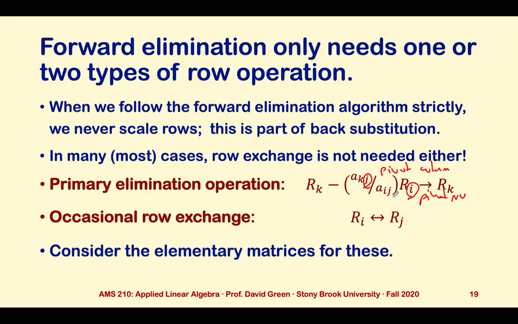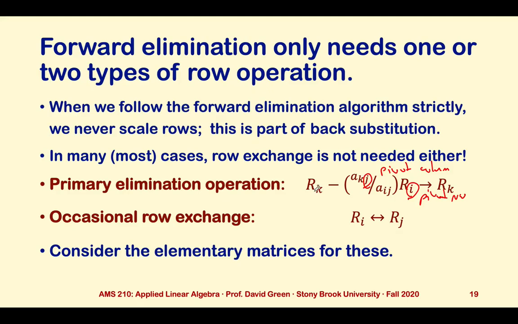So A_ij is the pivot entry we're trying to eliminate, and we subtract a multiple of row I, where the scaling factor is we divide through by A_ij and multiply it by A_kj, the corresponding element in the row we're trying to eliminate on.